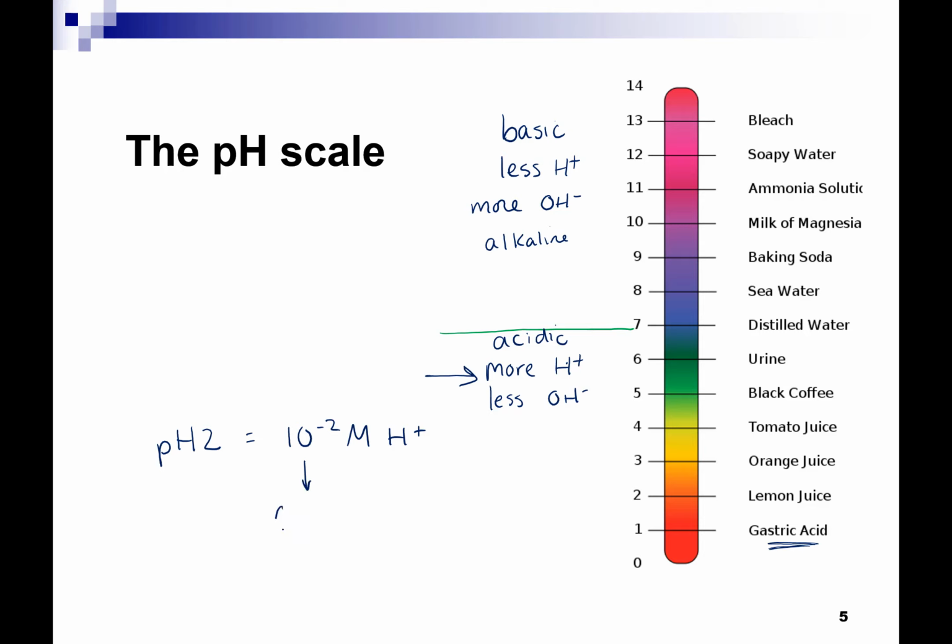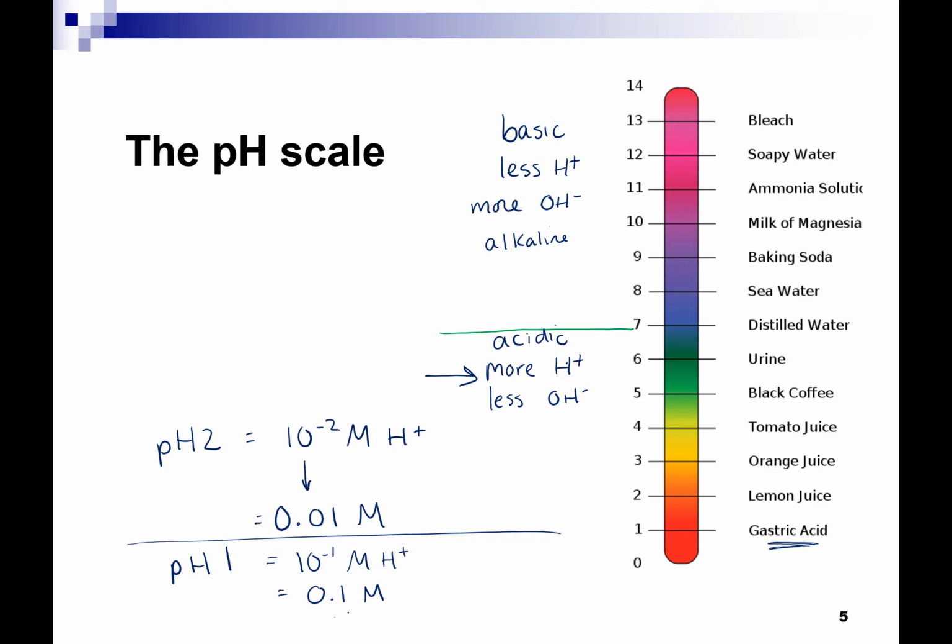And this number, if you wrote it as a decimal, is 0.01 molar. Now if I go down to pH 1, I'm at 10 to the minus 1 molar, which is the same as 0.1. Right?